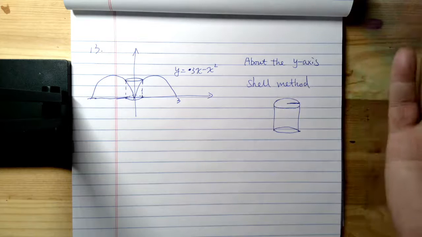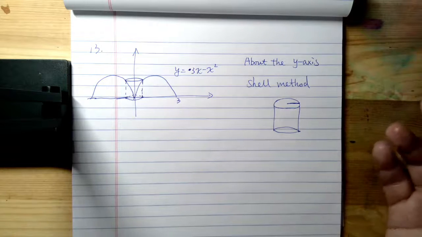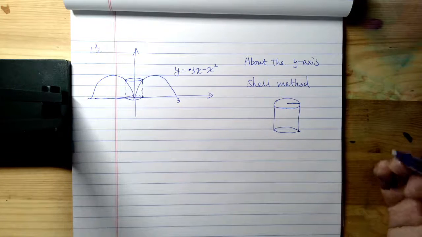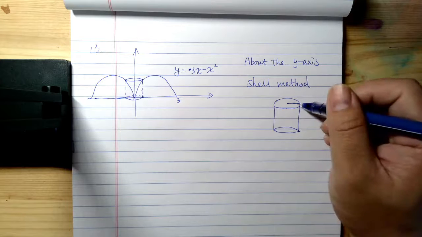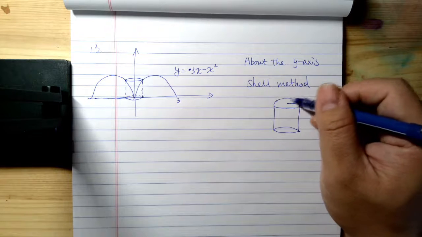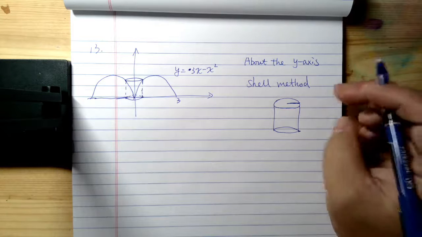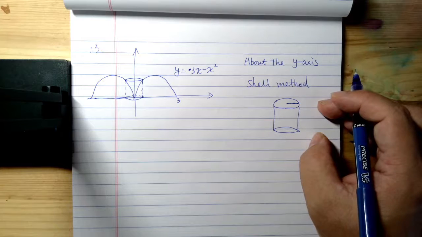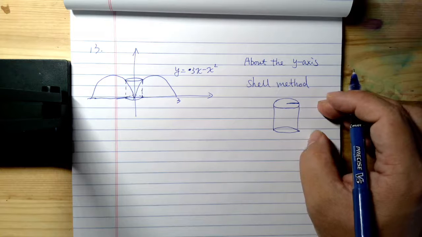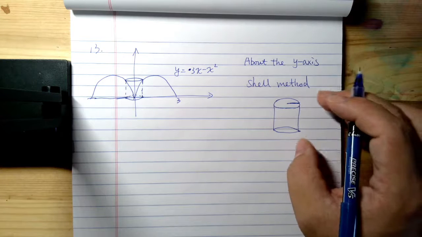Either it's dx or dy. So that stands for the thickness. And when we have the radius, we can figure out the circumference and then multiply by the height, and then times the thickness. That gives us the volume of this shell. So that's the first thing you need to know.